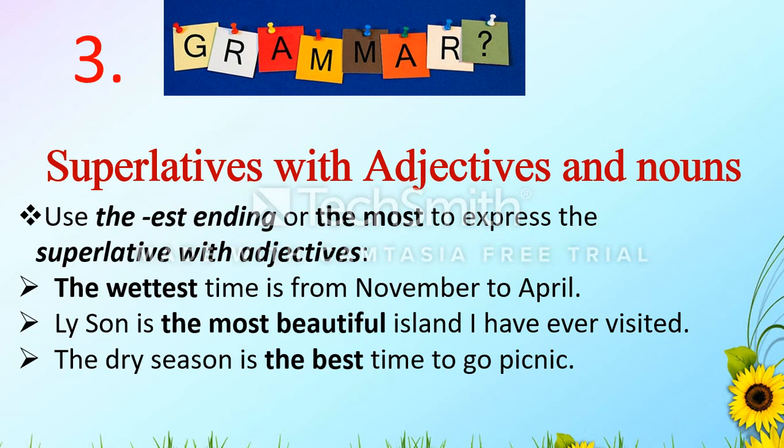The first example, the wettest time is from November to April. The second, this is the most beautiful island I have ever visited. And another example, the rainy season is the best time to visit.